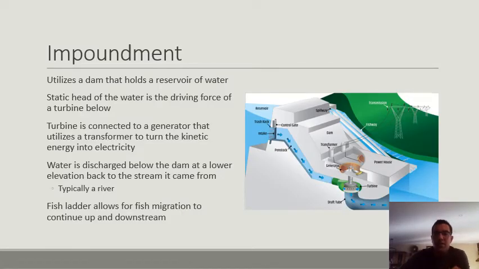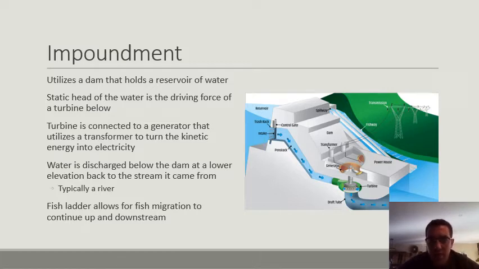So impoundment, this is what you would think of when you get a reservoir of water and a dam that's holding that water. The water then flows through the dam as shown in the picture, and the potential energy of the water being stored above the dam is used with the kinetic energy as it flows down, and the turbine spins, which then generates power, goes through the transformer, and you can see that then that creates the electricity.